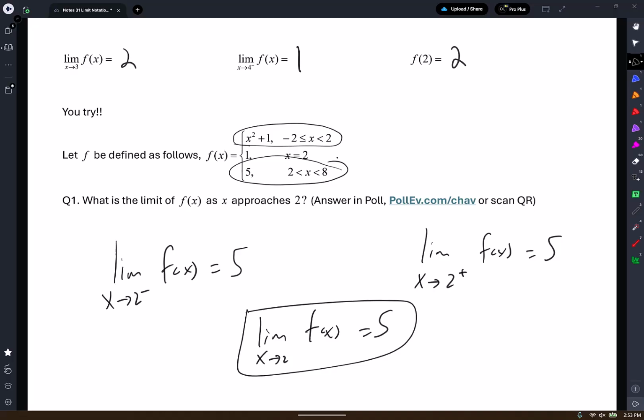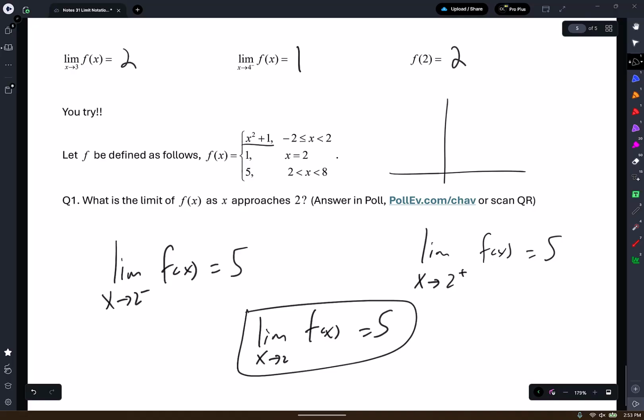You could have also done it by graphing, because some of you guys are visual. You could have done a grid. And relax, this grid is not hard. It's a parabola with the vertex moved up. So this graph between -2 and 2. So here's 0, here's 1. And you could have done like, oh, okay, this one has a solid, and this one's an open, and this is 5 right there, not to scale.